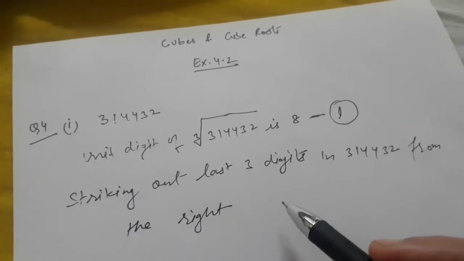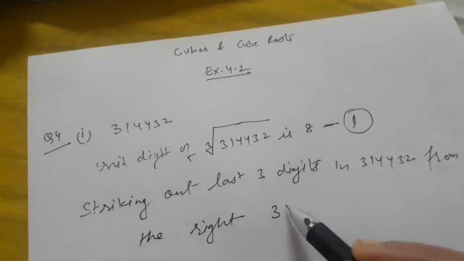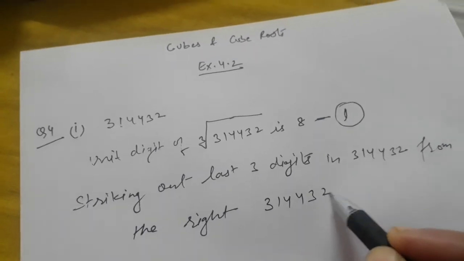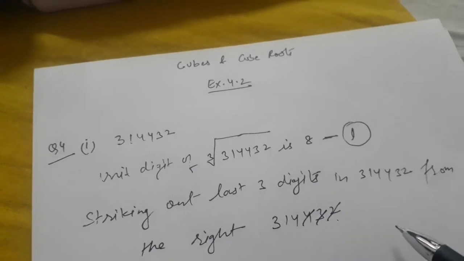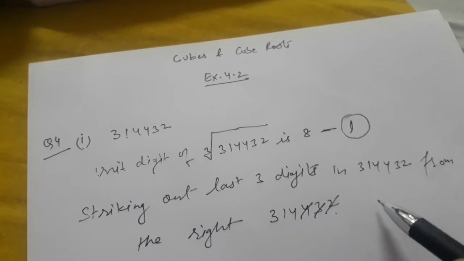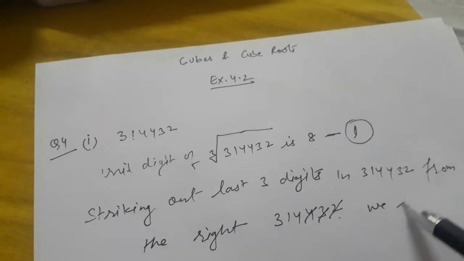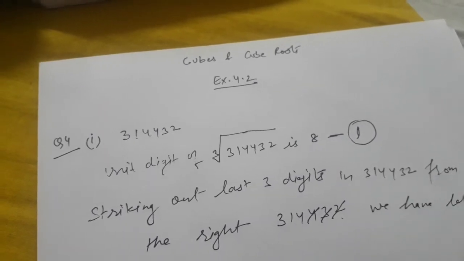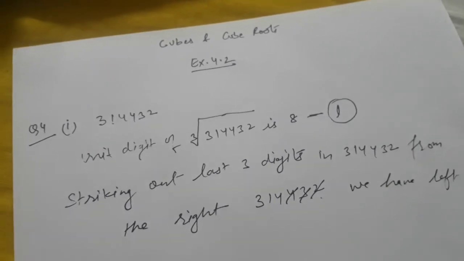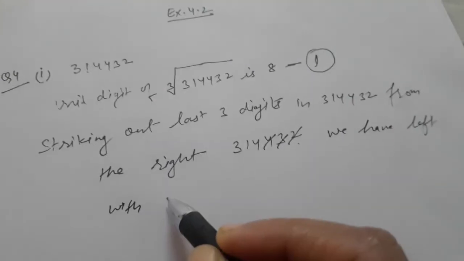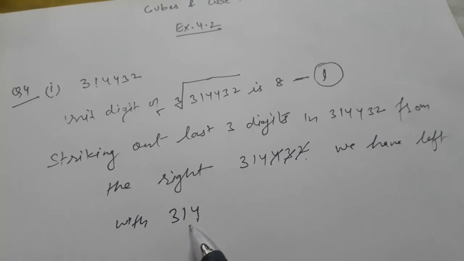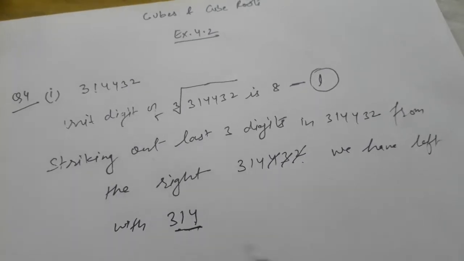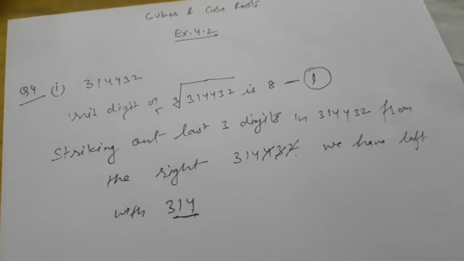So we can strike out like this: 3,14,432. The last 3 digits from the right would be this, this, and this. We have struck them out. Then we are left with 314. So now we will observe this 314 by the cube.